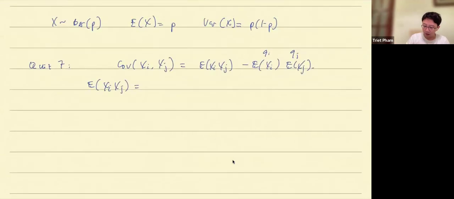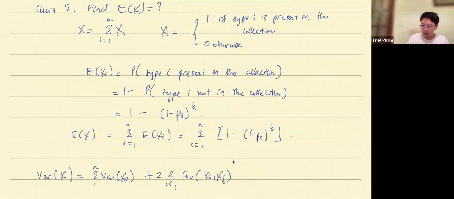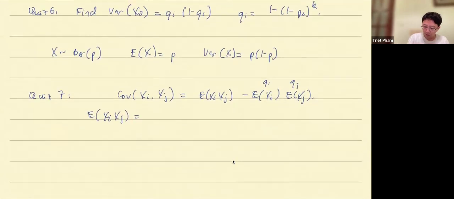And so here, Xi is the event that type i is present in the collection. So the expectation of XiXj here is just the probability that both type i and type j are in the collection. Okay. And how do we calculate this probability?